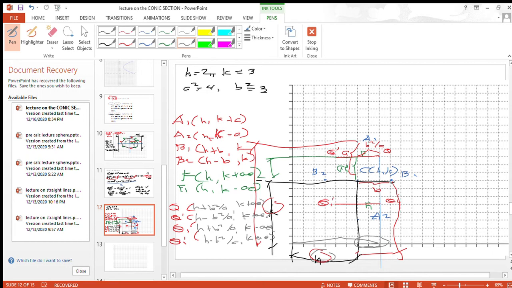Now, if we will have the coordinates now, let's go back. So your A will have the coordinates.